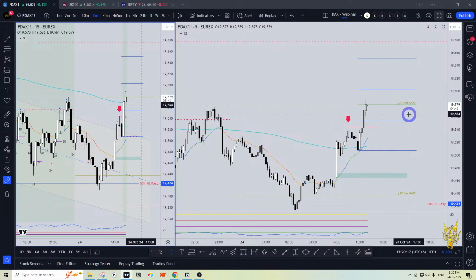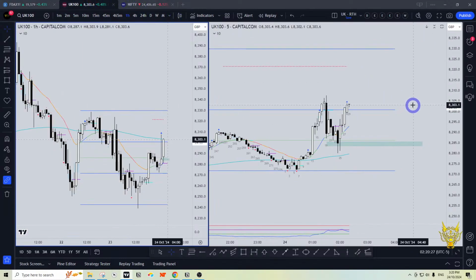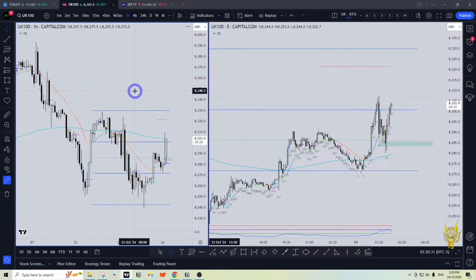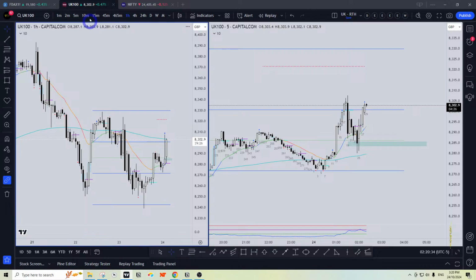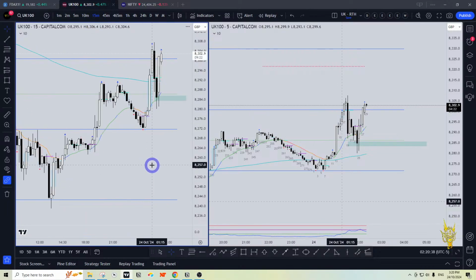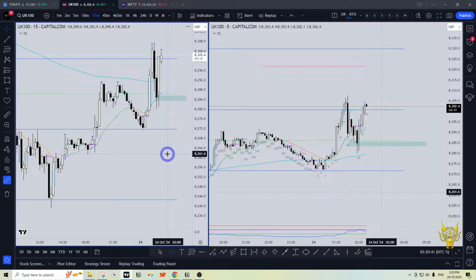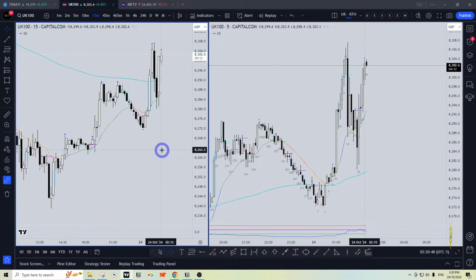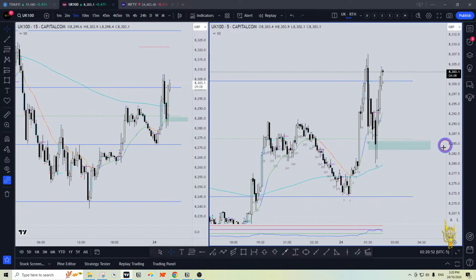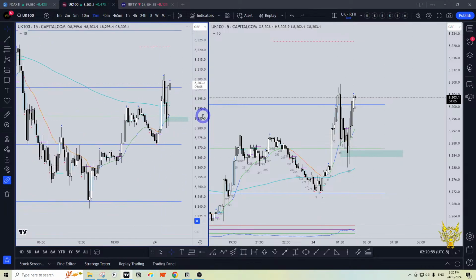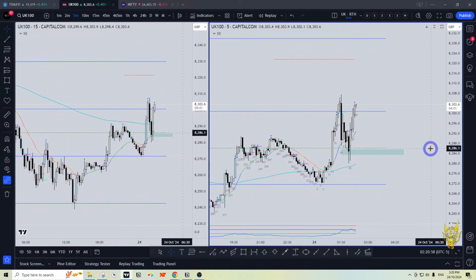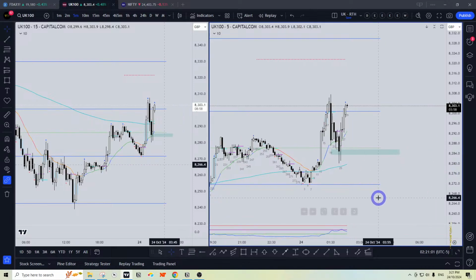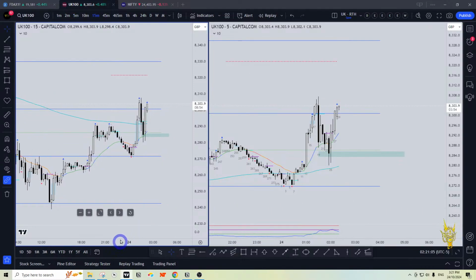It's saying buy me at the top of this trading range. It's a bit climactic.